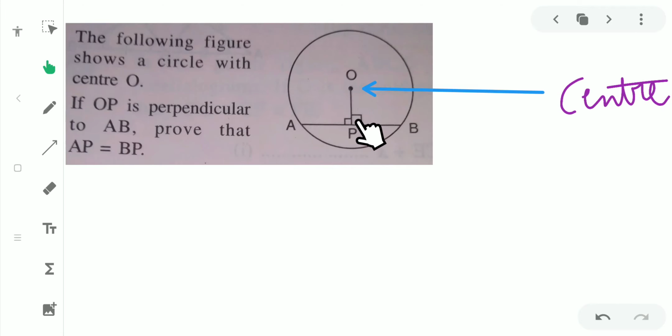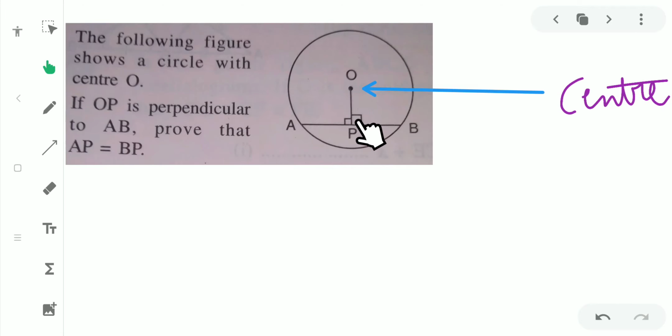And we have the right angles, that is angle APO and angle BPO. Angle APO is equal to angle BPO, which is equal to 90 degrees. You can write it in the bracket, or you can also write like this. This is the best way. You can write is equal to 90 degrees.